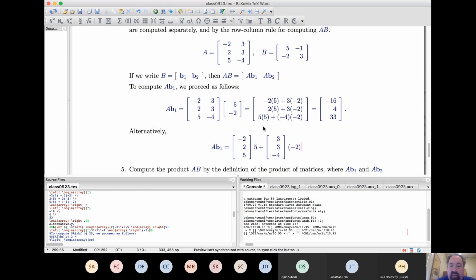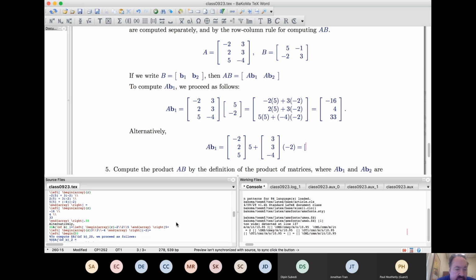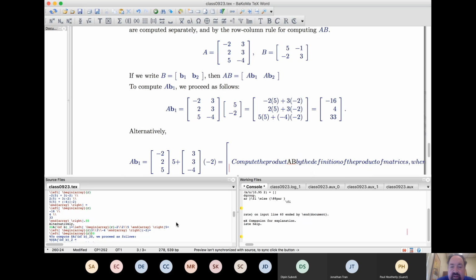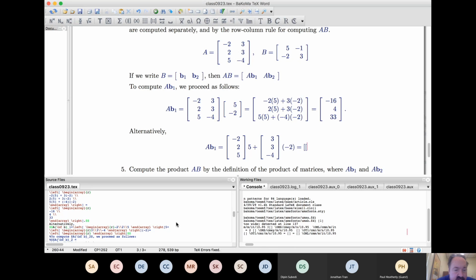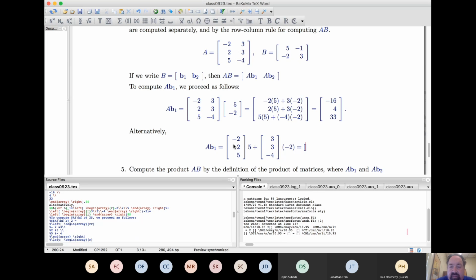Okay. So then you can work it out this way, just like you scale these column vectors and add them up. All right, so in this case, I have -10, 10, 25 from this first term.